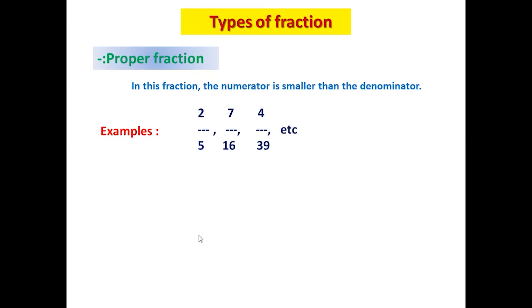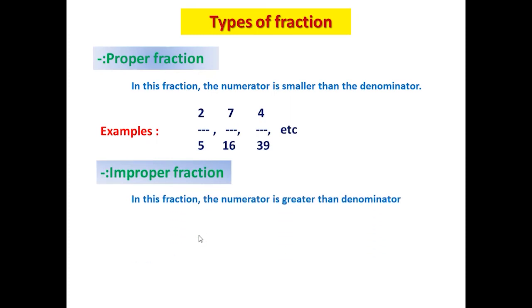So these fractions are called proper fractions. Now, improper fraction. In this fraction, the numerator is greater than the denominator. Let's see an example. See here, numerators 5, 7, 25 are greater than the denominators 3, 4 and 8. So these fractions are called improper fractions.